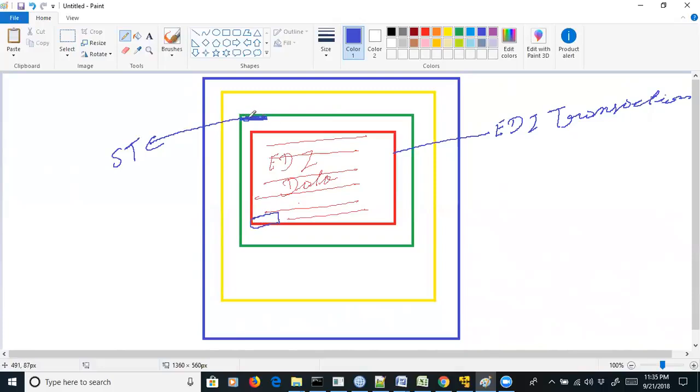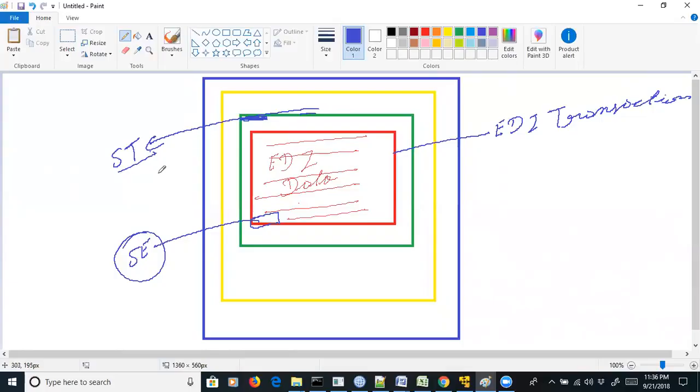The record at the bottom we call the trailer, and we call it SE. So this green box that you see here is the transaction envelope, which consists of the ST header and the SE trailer.